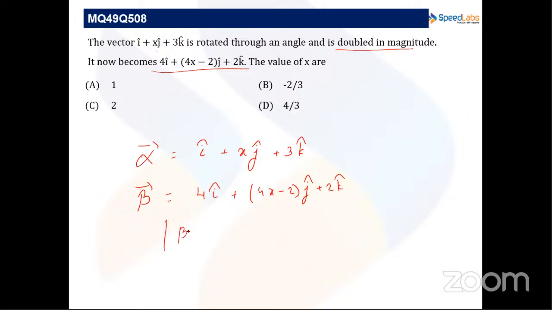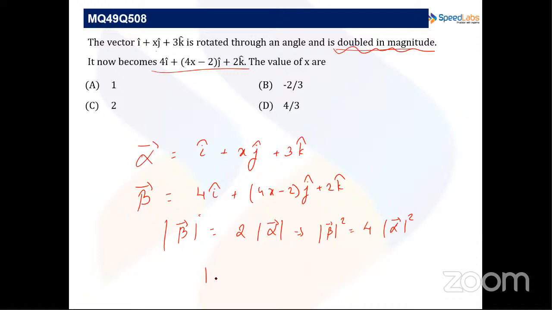Now mod of beta is 2 times the mod of alpha because the magnitude is doubled. When it is only rotated, the magnitude remains constant, but here the magnitude is doubled. So mod beta square will be equal to 4 times mod alpha square.